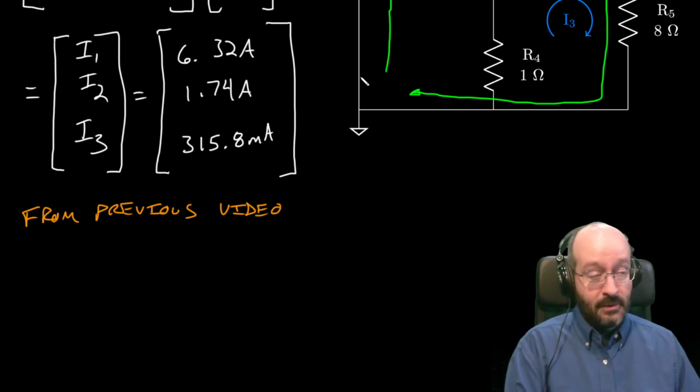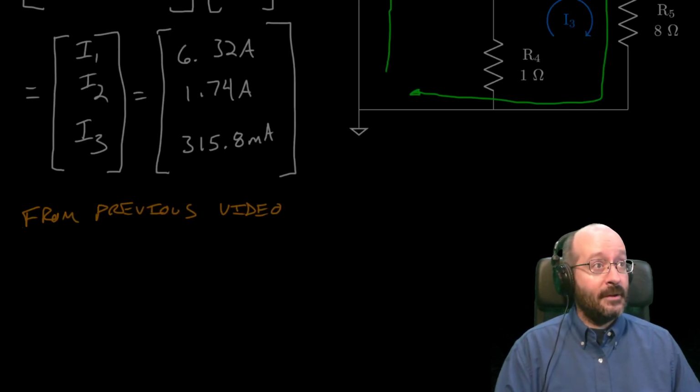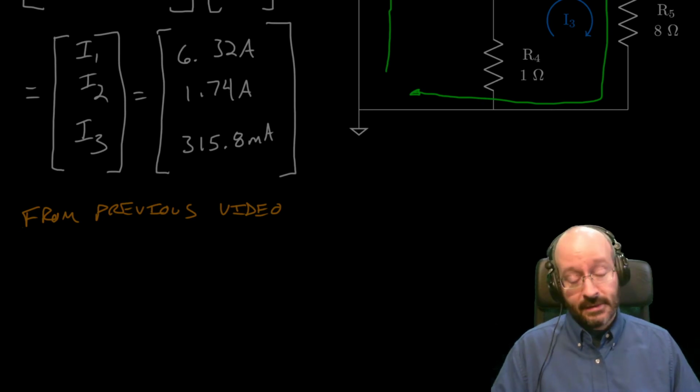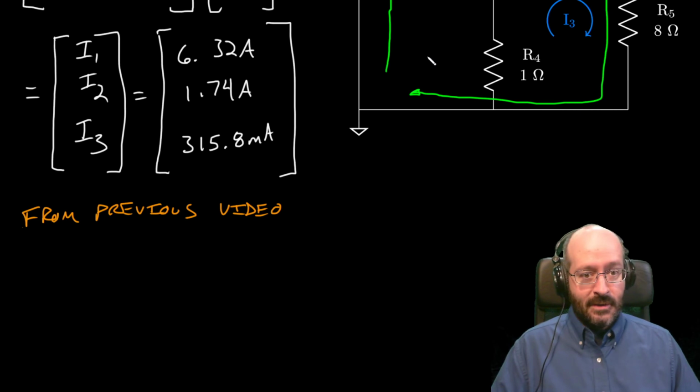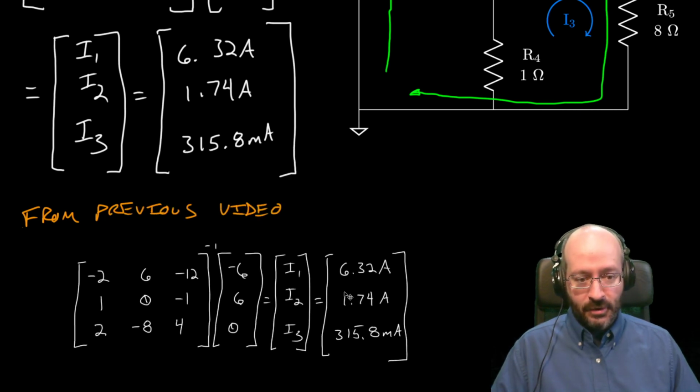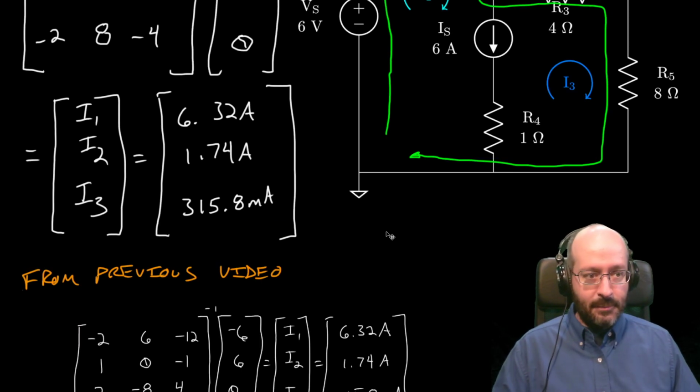Let me grab that for comparison, and you're going to be shocked. It's going to be the same. So we get an identical result, and that comes from an equivalent system. Notice that I swapped some of the rows, so some of the equations were written in different orders, but we ended up with the same mesh currents.